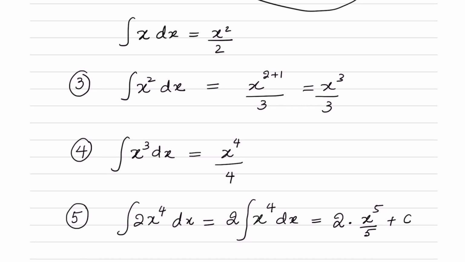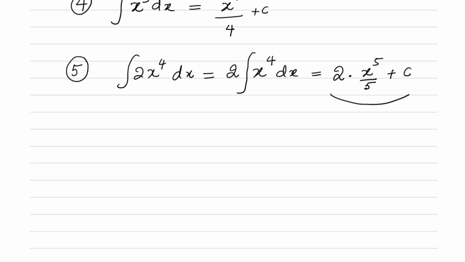Just remember that in all above formulas we will keep on adding the constants, and if we take the derivative of this expression, we should be getting back this 2 into x to power 4. Let's calculate the derivative here. 2 as it is, 1 over 5 as it is, x to power 5 derivative is 5x4, plus c is the constant, its derivative is 0.